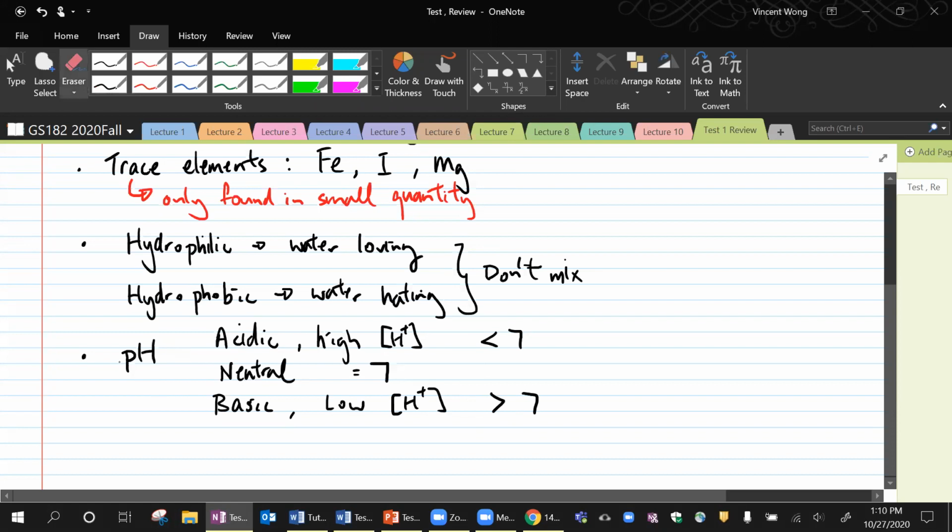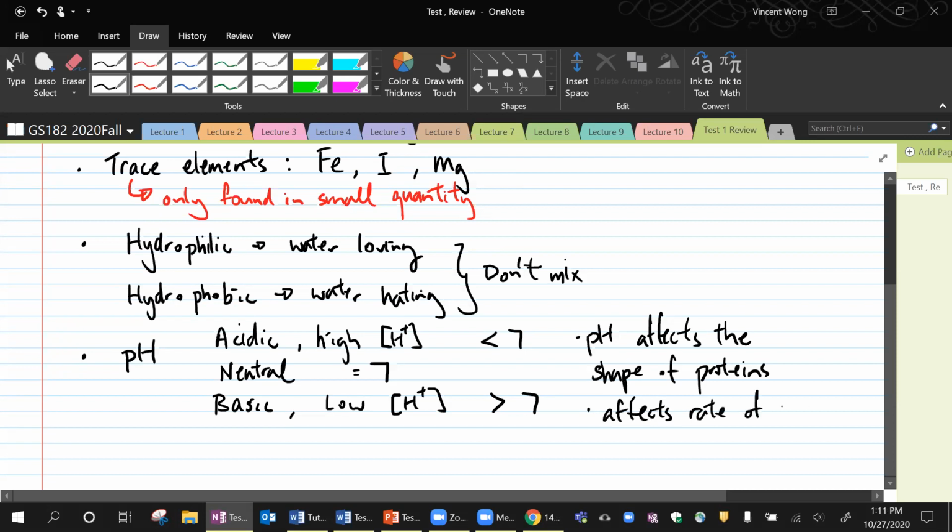So that is pH. In terms of why we have to know about pH, well, pH affects the shape of proteins. It affects the rate of diffusion. Those are things we talked about in later lessons.